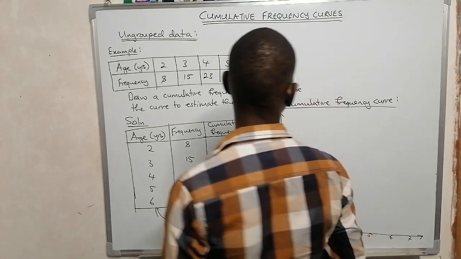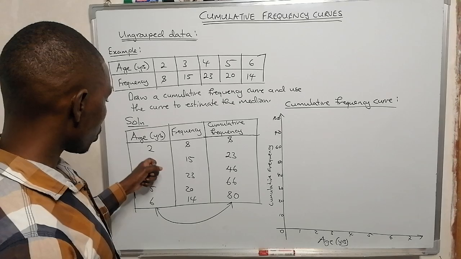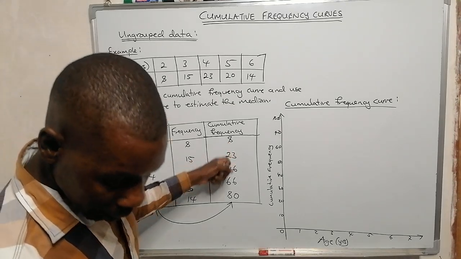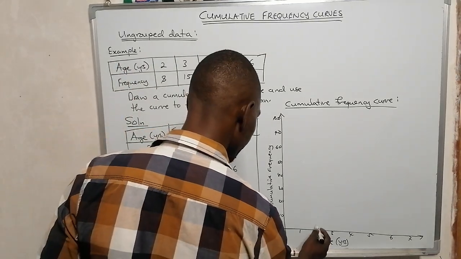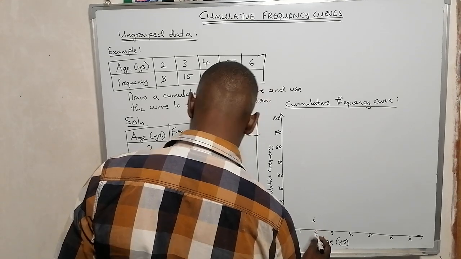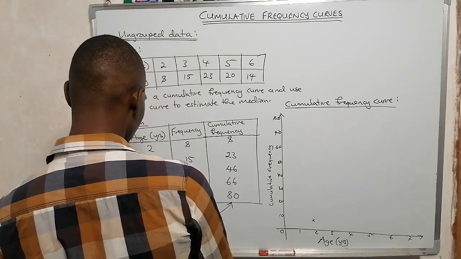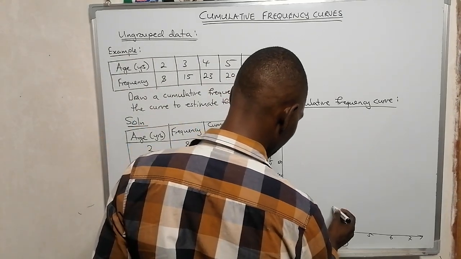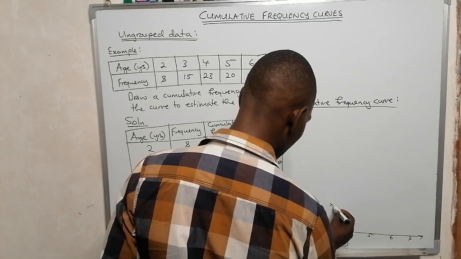Now we want to plot the curve. So we are going to take 2 and 8, then we put a star. Then 3 and 23, we also put a star.